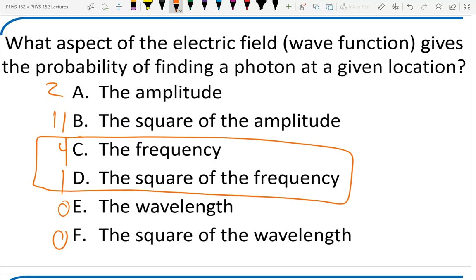The frequency was not part of what we were talking about. The intensity depends on frequency, but the frequency isn't changing with location. So it was just the square of the amplitude that was our important thing. So if you didn't answer that, make sure you understand why. Because otherwise quantum mechanics is completely lost on you.